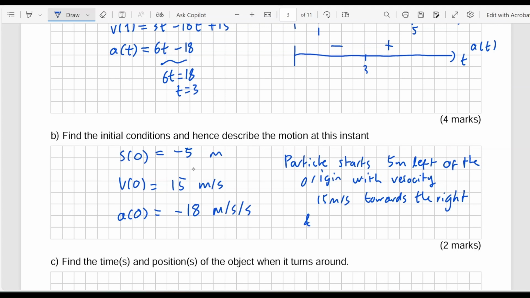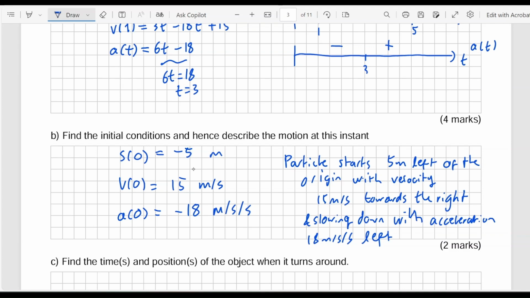And it's worth mentioning that it's slowing down because the acceleration and velocity are pointing different ways. Down with acceleration 18 meters per second left.